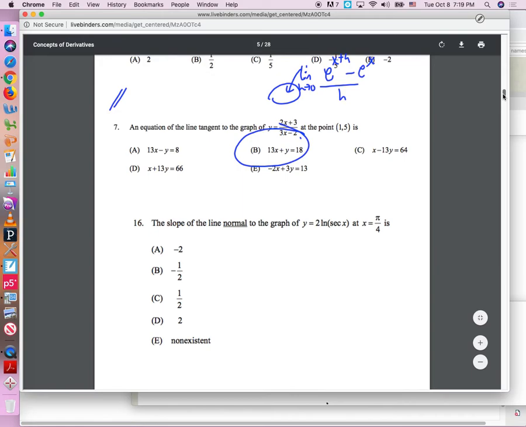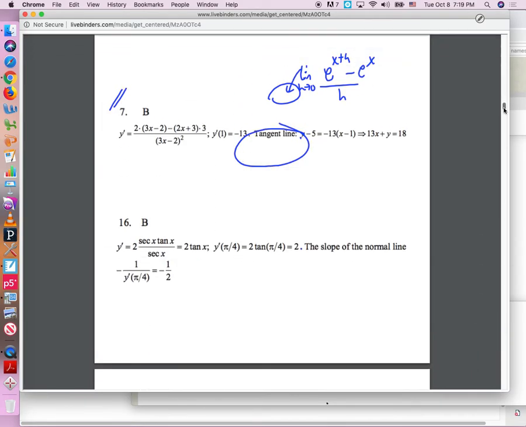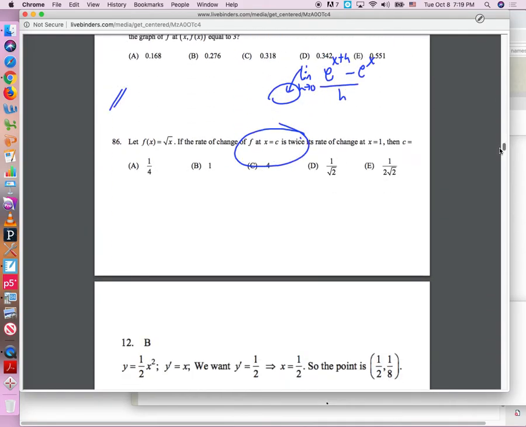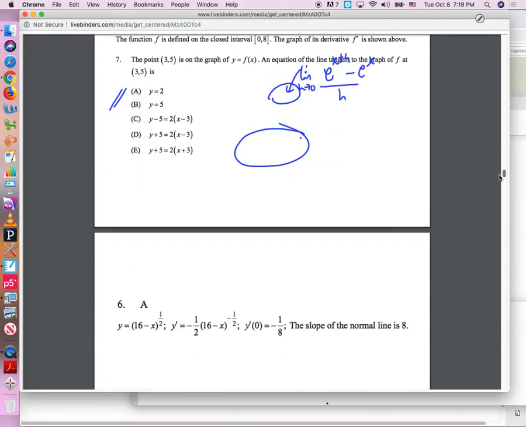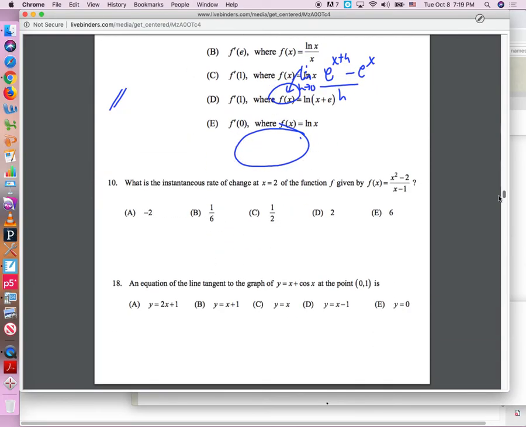So we're at 86. 6, 7, then the solutions, then 78, and then you should have a 10 and an 18. Okay.